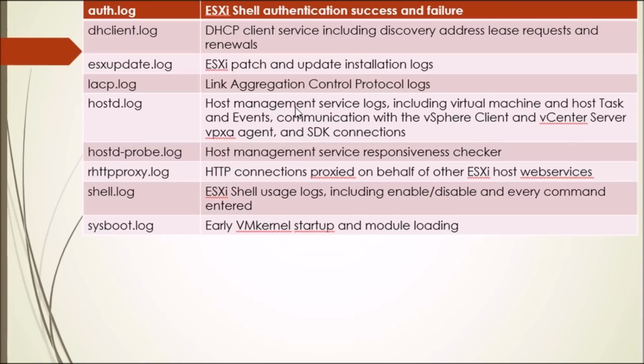So essentially, if you're logged into the command line, whether CLI or PuTTY or any other SSH client, and you run commands, all of the commands you enter are saved in the shell.log. So if later on you want to retrace what commands you've run, that's the place to go to. sysboot.log, that's the early VMkernel startup and module loading.